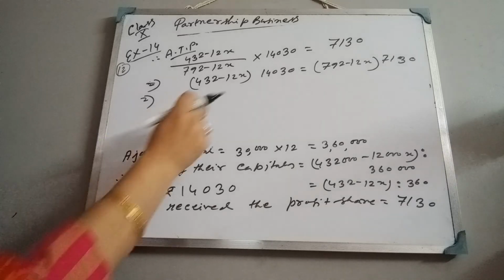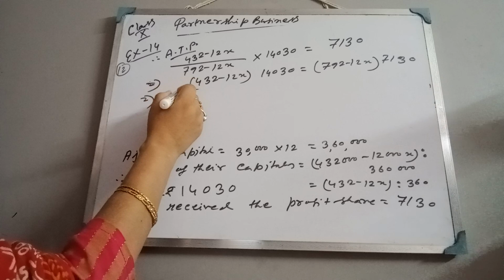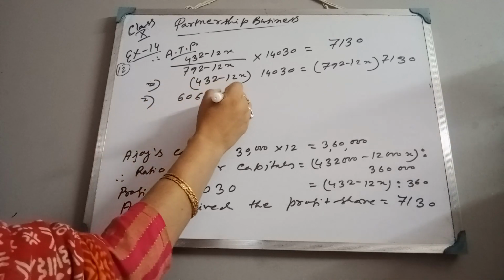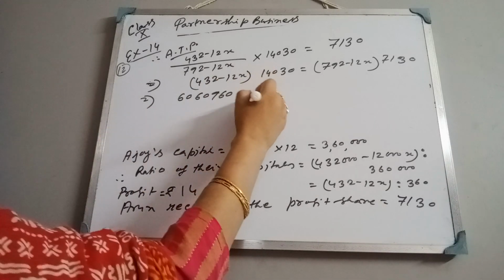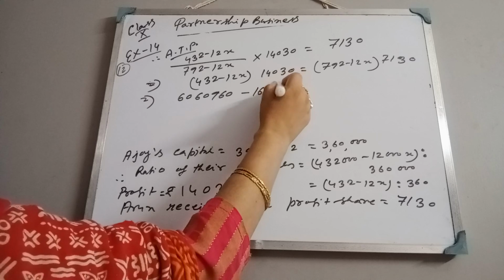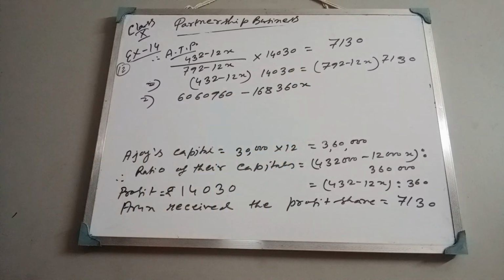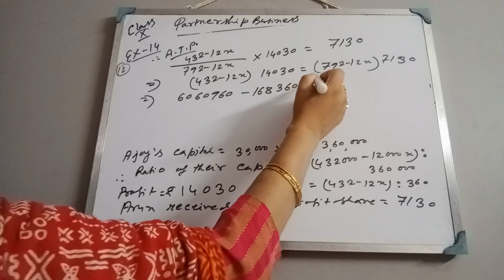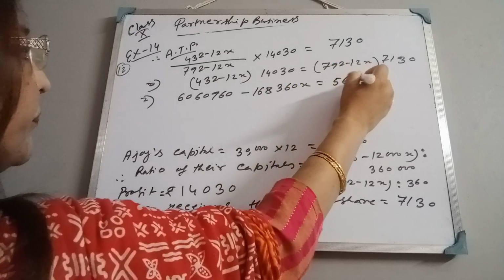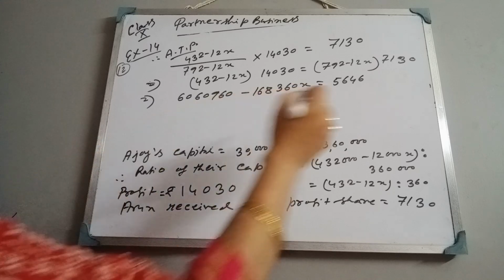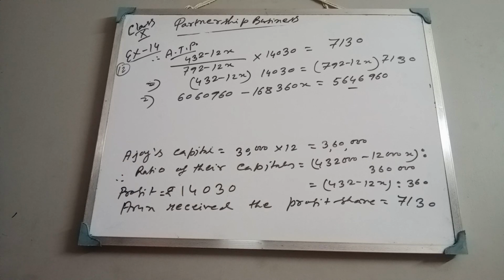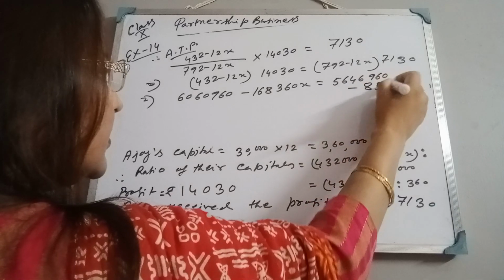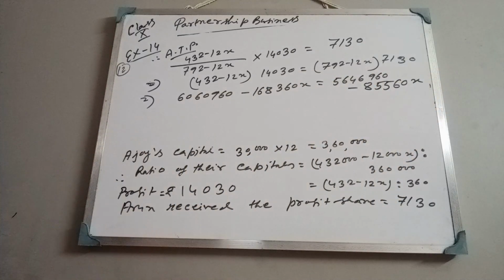So 432 into this is coming 6060960, minus 12x into this is coming 168360x, is equal to 5646960 minus 7130 into 12, which means 85560x.